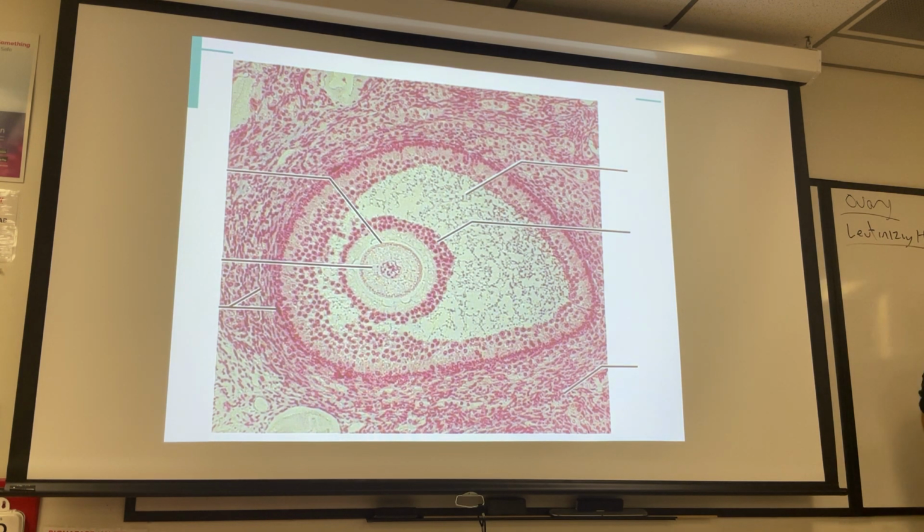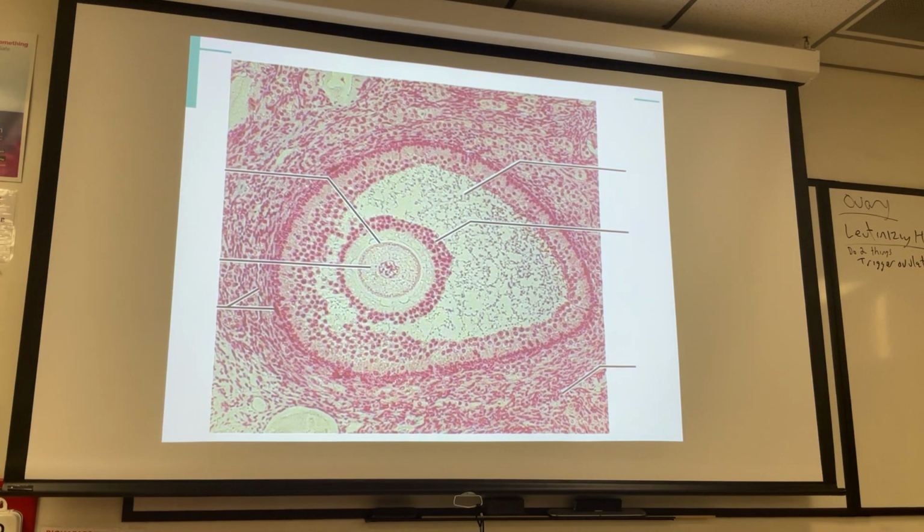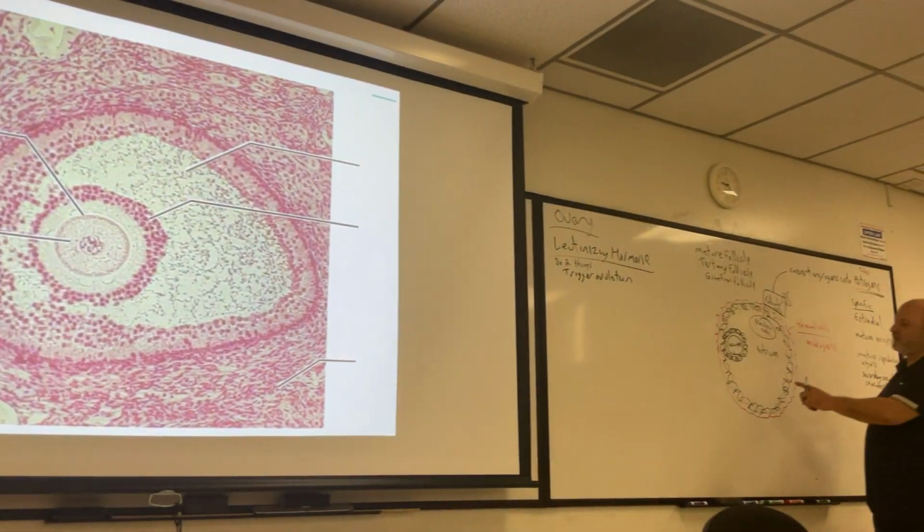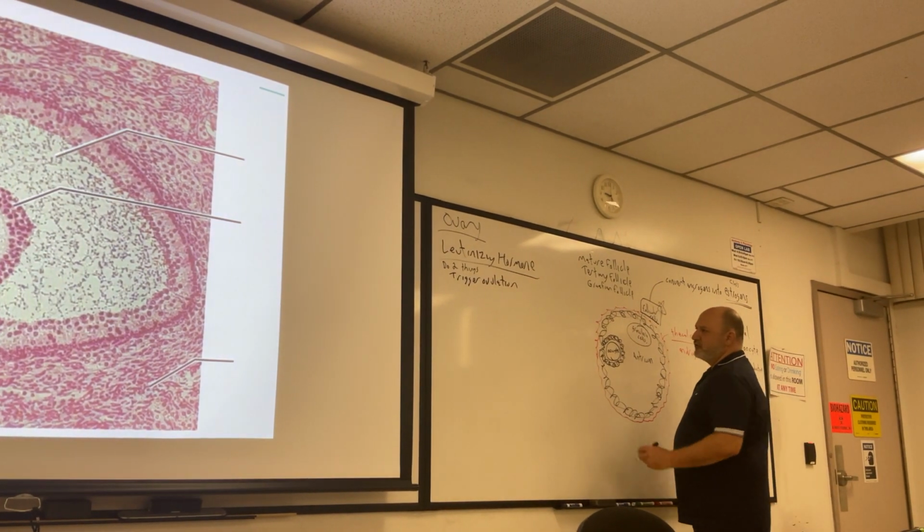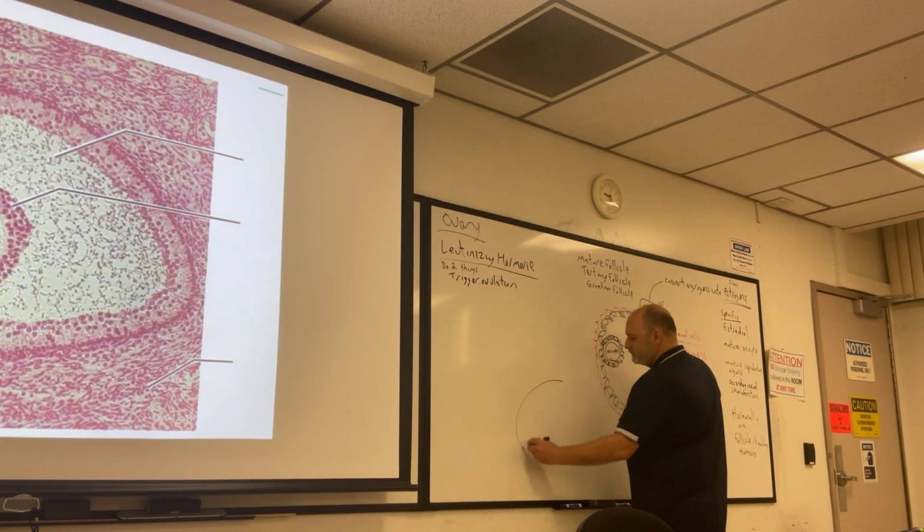And as we mentioned, luteinizing hormone is going to actually do 2 things. It is going to trigger ovulation. So basically what happens with this follicle, we'll just redraw it.